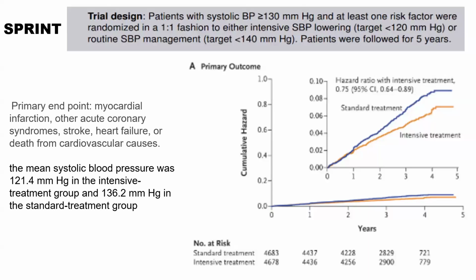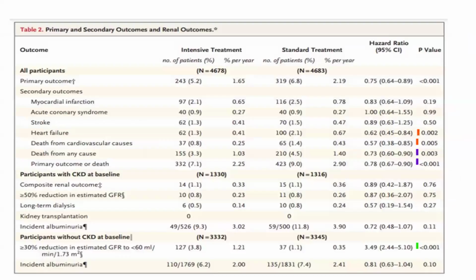The mean systolic pressure attained with the intensive systolic blood pressure lowering was 121 millimeters of mercury, and in the routine systolic blood pressure management group, the average blood pressure attained was 136, and this decrease in cardiovascular risk was majorly driven by a decrease in heart failure, death from cardiovascular causes, and death from any causes.